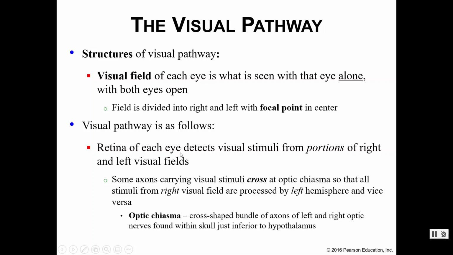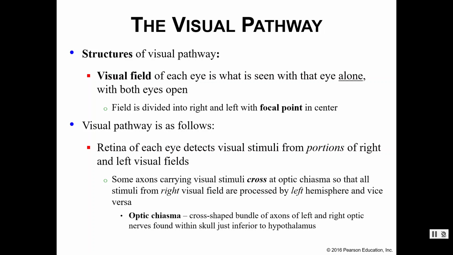Now, the retina of each of your eyeballs is going to detect visual stimuli from portions of each of your visual fields, so the left and the right. Now, some of the axons that carry visual stimuli are going to cross at the optic chiasma, which basically means some stimuli coming from your right visual field are actually processed by your left hemisphere and vice versa.